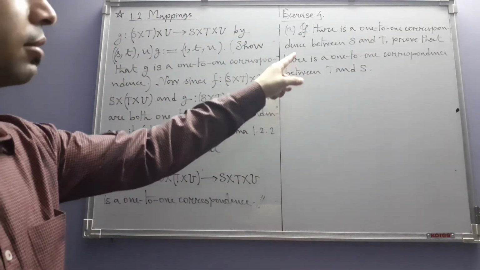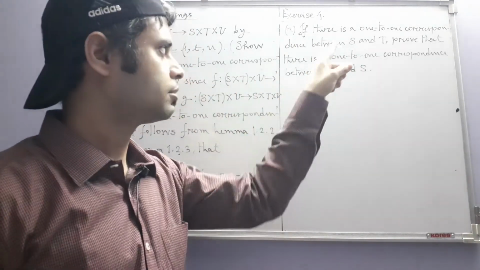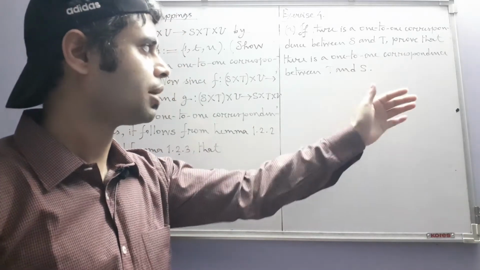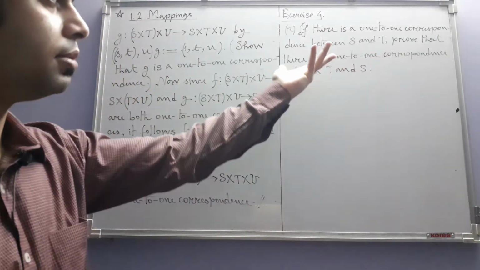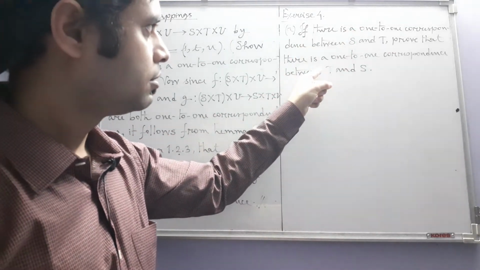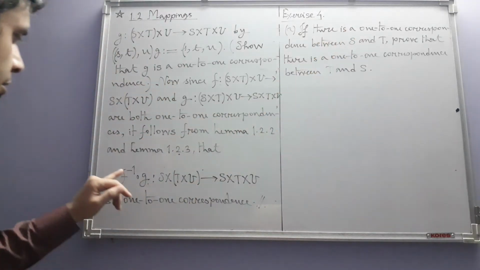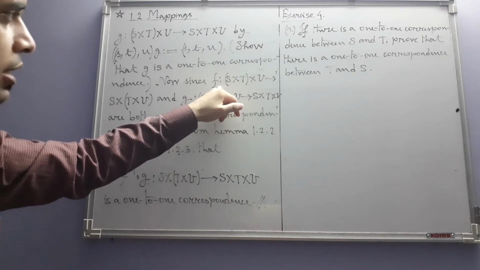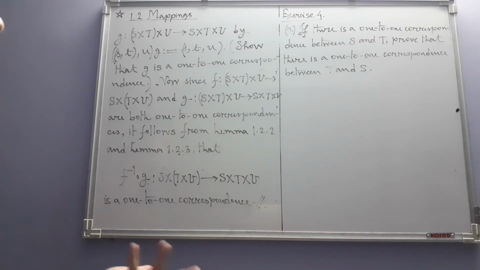Look at this one. It is given that there is a one-to-one onto function from S to T. We have to prove that there is one such function from T to S, and naturally it is going to be the inverse of that function. So this tells us that if f is bijective, or if f is one-to-one and onto, then its inverse is also, as a function, one-to-one and onto.